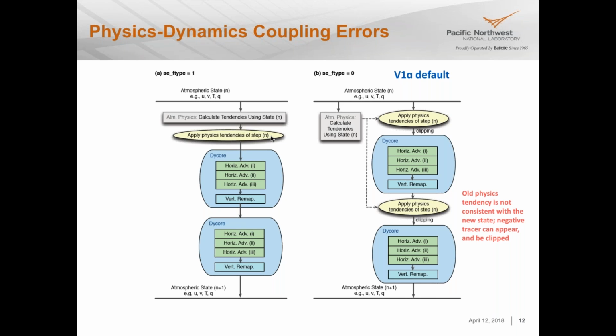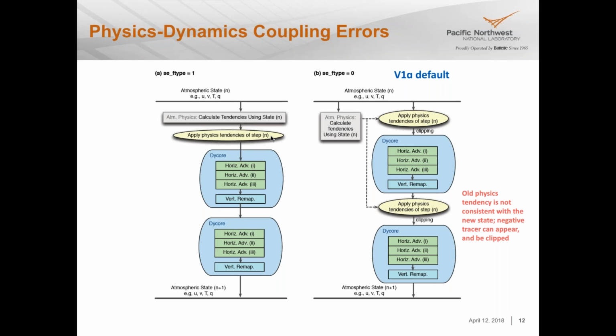However, if you look at panel A, which is used in the default FV CAM5 model, and also in a certain configuration of the SE dycore, on the left panel, the physics tendency is applied at the beginning of the physics-dycore calculation. And in this way, there is no physics-dynamics coupling error in water conservation.